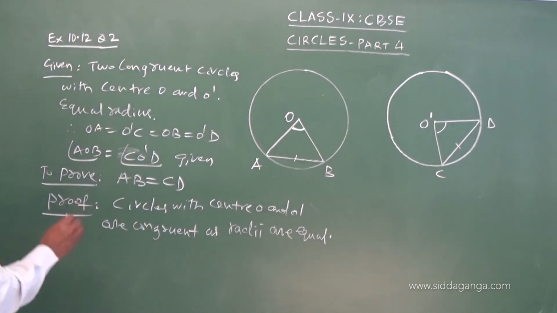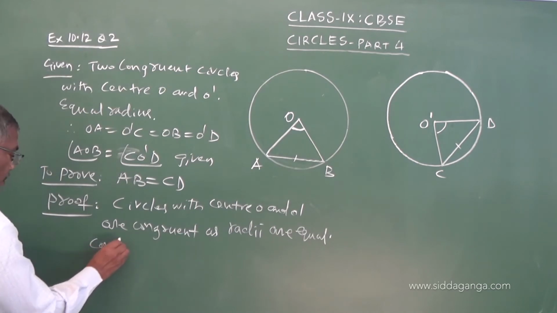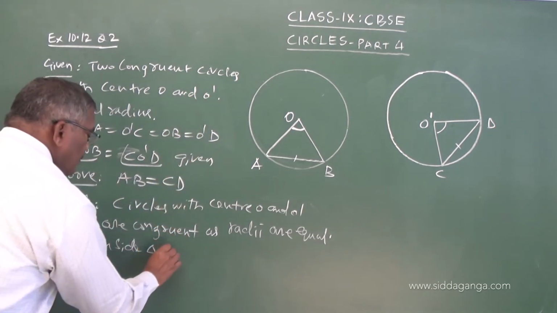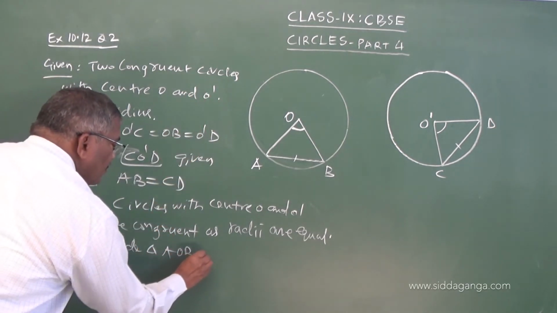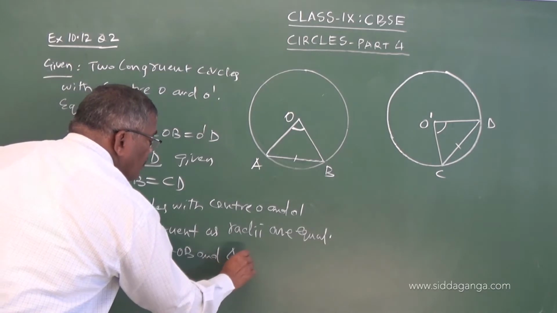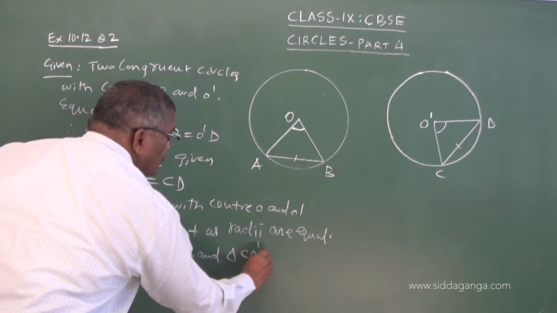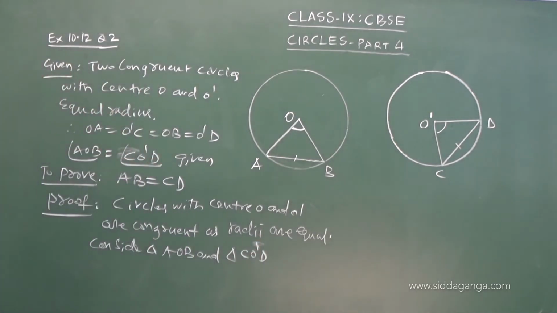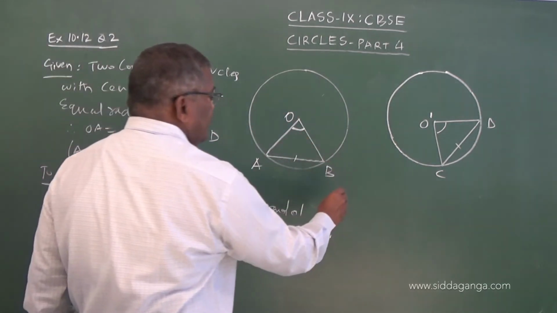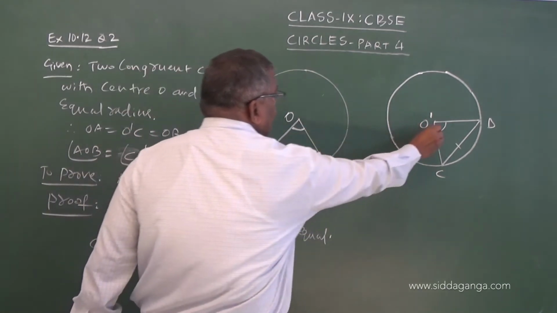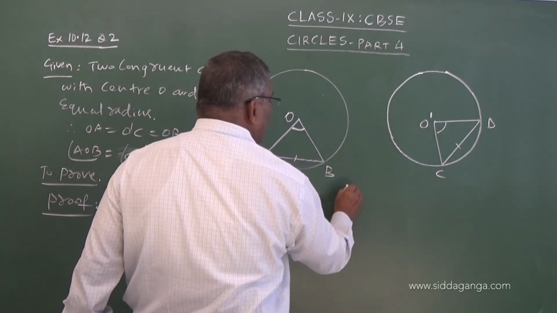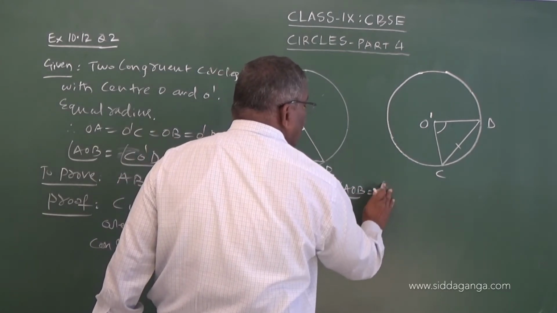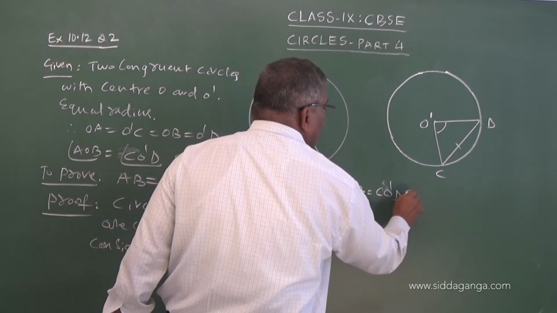Now consider triangle AOB and triangle CO dash D, same procedure. In these two, angle AOB is equal to angle CO dash D, given.